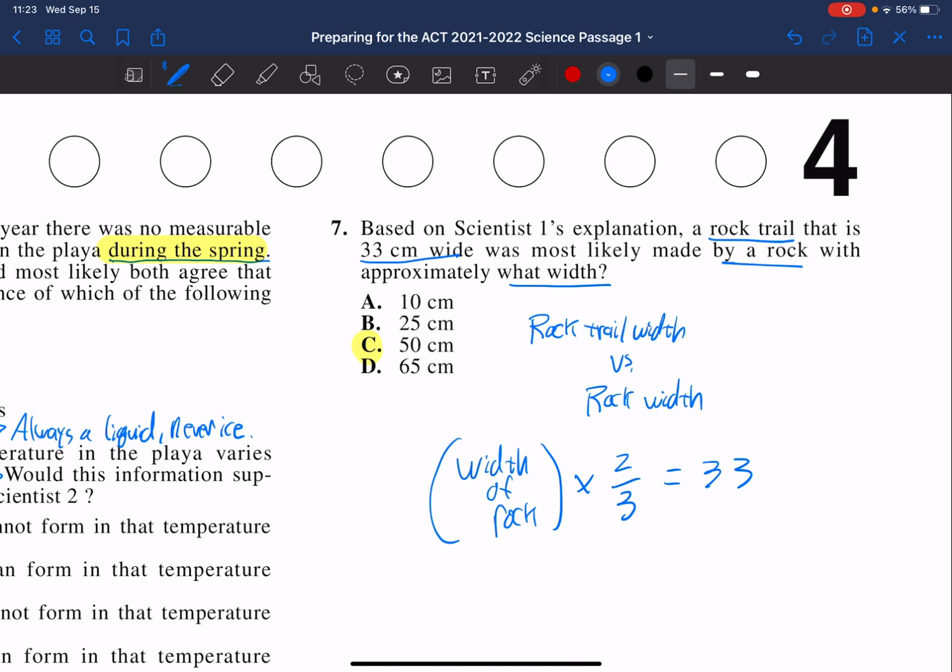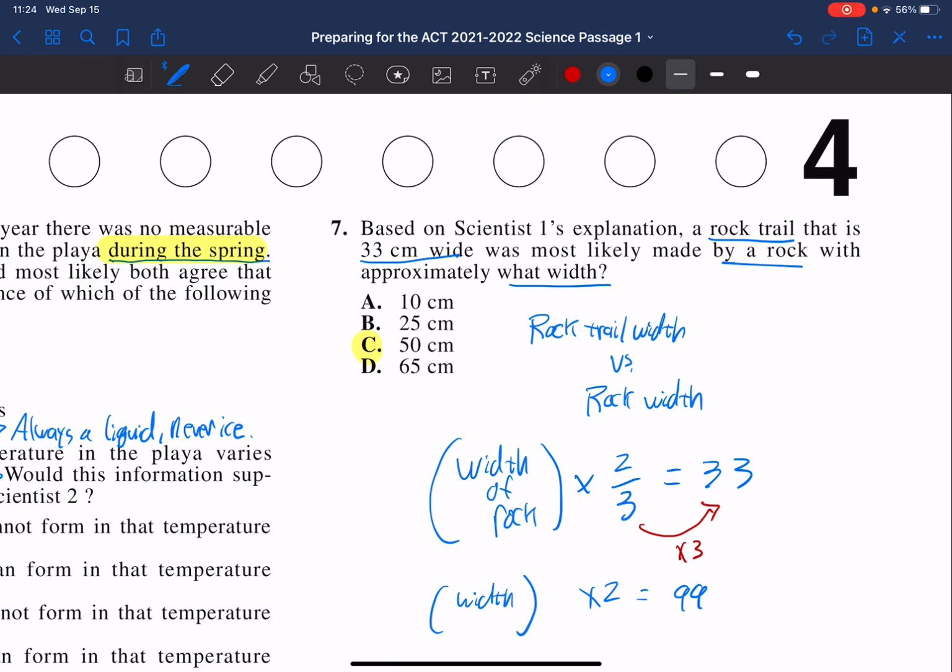Now, a little bit of math here, but on the science section, you shouldn't be reaching for your calculator because, well, they don't allow you to use it. So what you want to do is you want to be rounding as best you can. So I'm going to multiply this 3 over. So 3 times 33, well, 3 times 3 is 9. So that means we get 99.